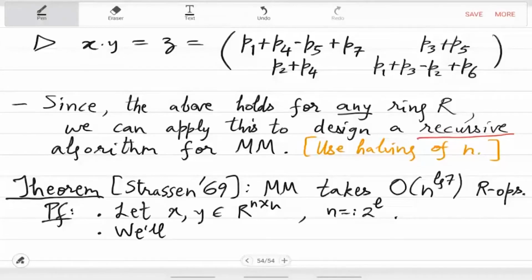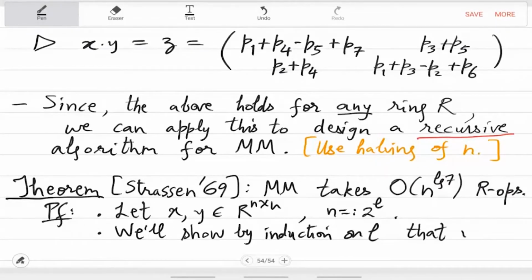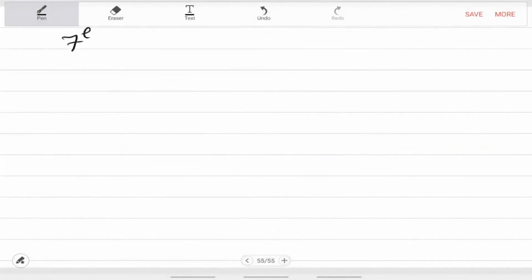So we will show by induction on L that we can do matrix multiplication in 7 raised to L R multiplications and that many R additions.